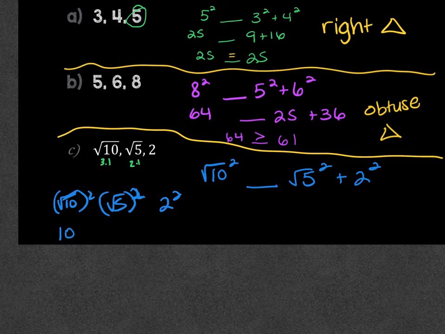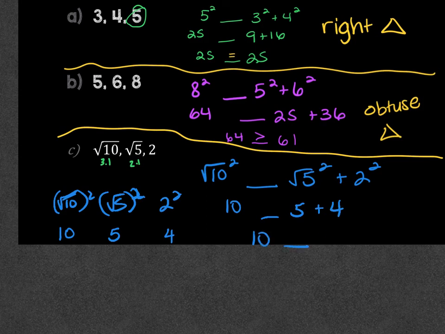What's the square root of 5 squared? 5. And what's 2 squared? 4. So what's the biggest of those? 10. Still 10. So that's the other way you can do it. You can either approximate it as the roots, or you can square them all and then find the biggest one. It doesn't matter which way you do it. So we just did that: this would be 10, this would be 5, and this would be 4.